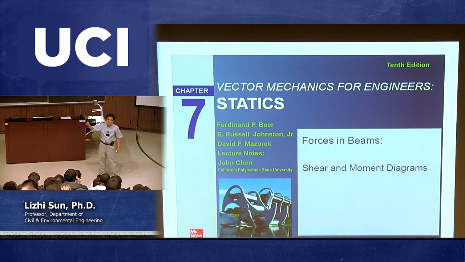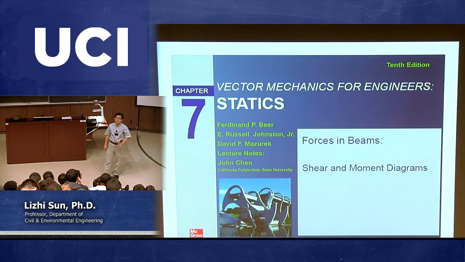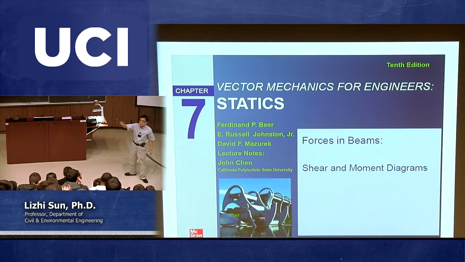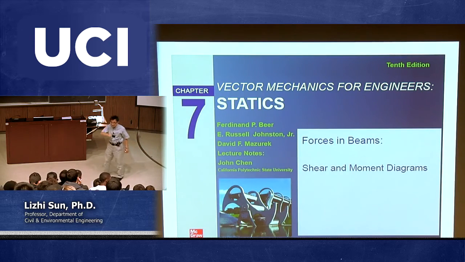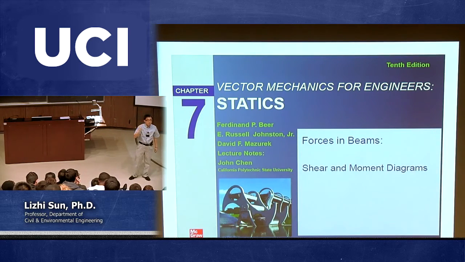Okay, if you do not write those equations, for whatever reason, you just plot directly, and many times those are not straightforward. How am I going to assume you know how you calculated it, right? So that's why you may lose a lot of credit. So you do need to write it down very specifically to say in this part what kind of equation for the moment, what kind of equation for the shear force, and then the last step is for you to plot the shear and the moment diagrams.